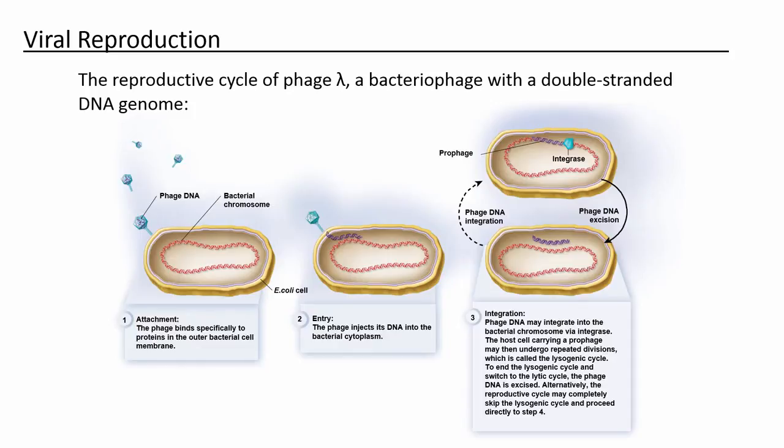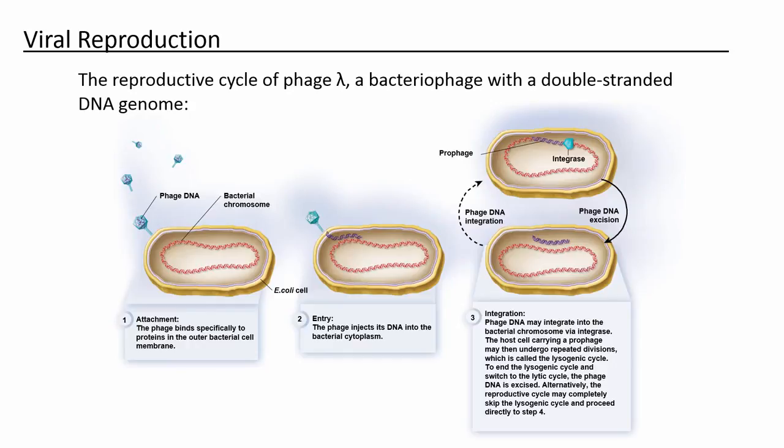The next phase is entry. The important part of the entry phase is that the viral genome enters the host cell. This is going to happen very differently in phage lambda versus HIV.